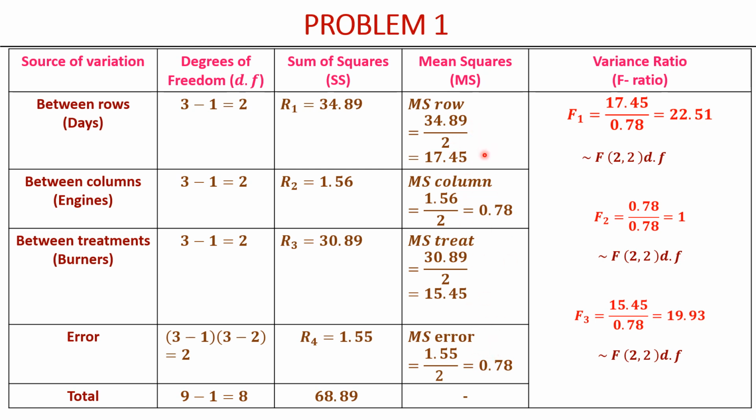I take that in the numerator and the other in the denominator to get F1 value. F1 value is the calculated value along the rows. Similarly, F2 will be along the column, so 0.78 by 0.78. And with respect to treatment, F3 will be MS treat by MS error. Now we shall compare that calculated value with the table value with the degrees of freedom as 2, 2, because all the degrees of freedom are 2. We shall take it from the table value and compare and see what the conclusion is.